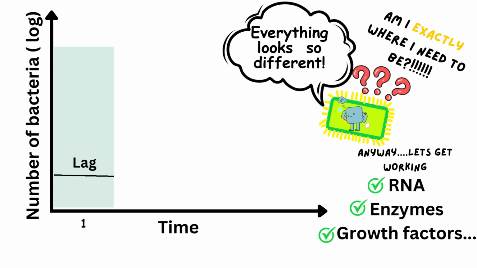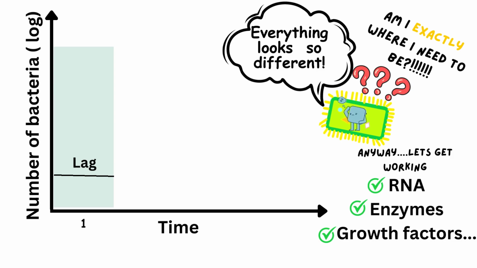The first phase of the bacterial growth curve is known as the lag phase. When bacteria are introduced into a nutrient medium, they take some time to adapt to the new environment. Cells in this phase have to adjust according to the temperature, the pH, and the oxygen availability in the new environment.